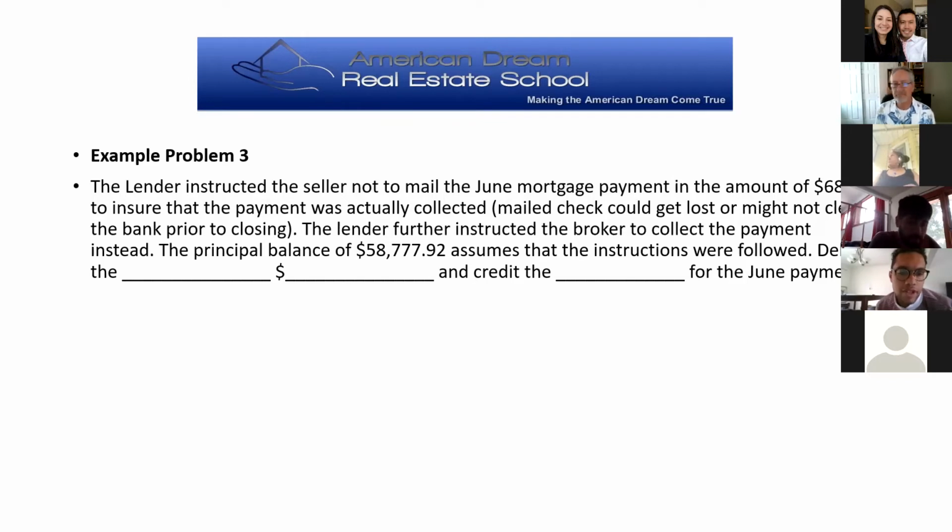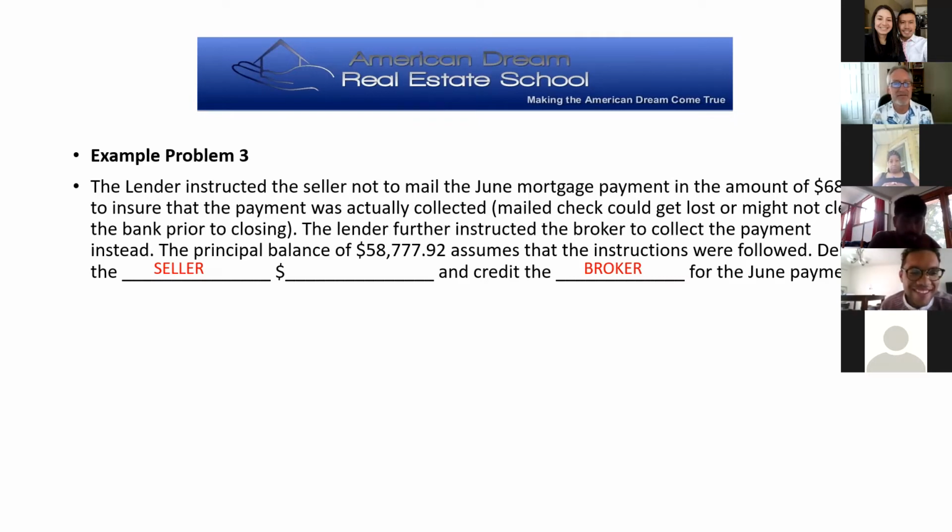The seller is getting debited and the broker is getting credited. Good job. For what amount? It's a good question. That was great. A lot of people get this one wrong right here. Come on, you get the next one. You got it. Ace, come on, you're on a roll. Do this.